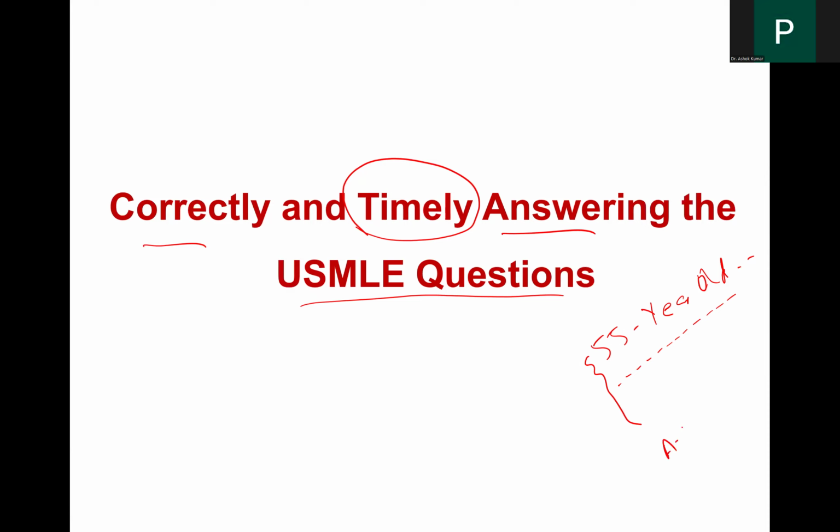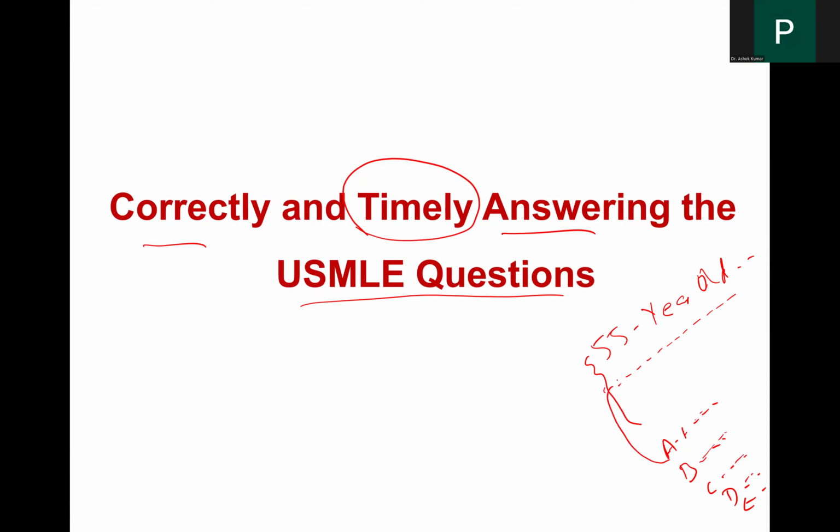Then you read answer options A, B, C, D, E. So you come to know the question is about anemia or hepatitis or respiratory disease.